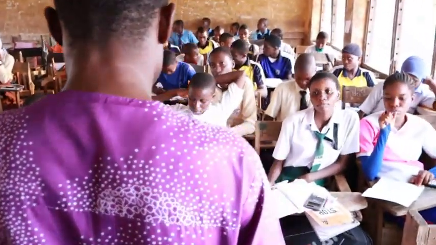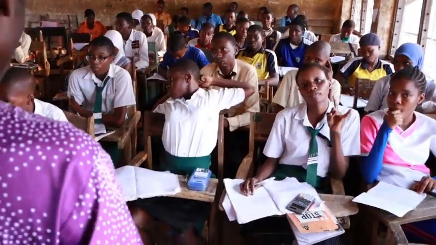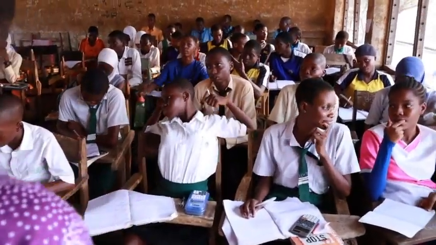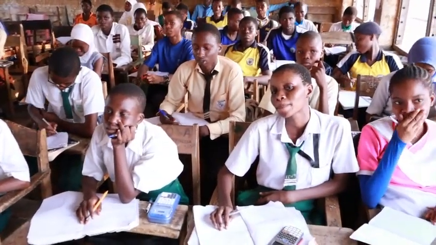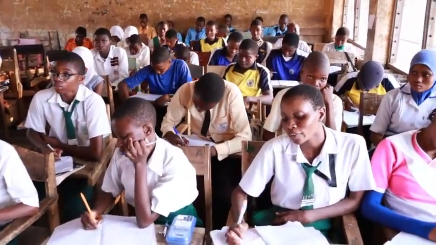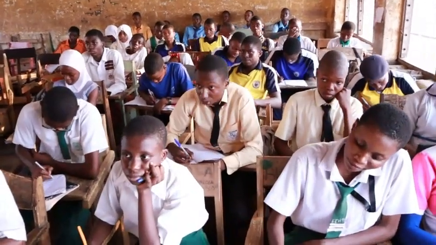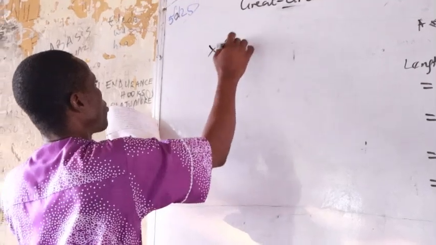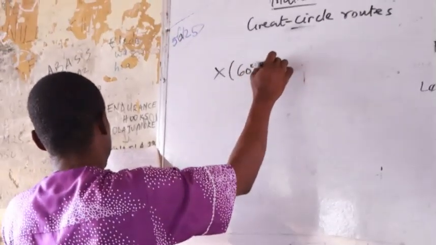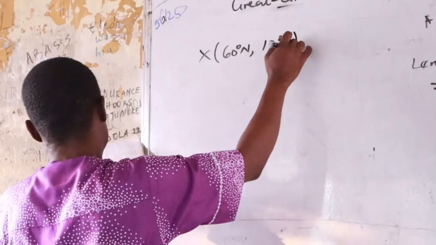Please keep quiet. Let me write the question. There is a point X, 60° north, 12° east.